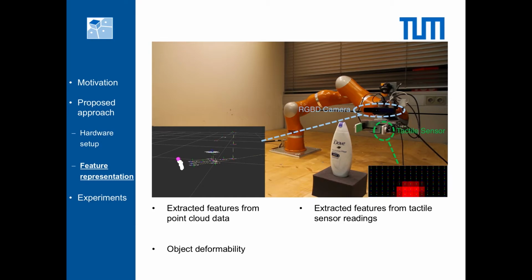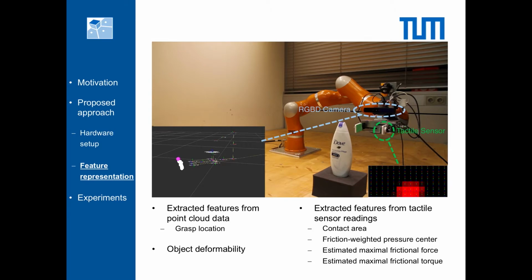The features we use in this work consist of 3 parts. The first one is the grasp location extracted from the point cloud data. We first estimate the height of the object from the point cloud, and then the grasp location is normalized by dividing it by the object height, such that it becomes invariant to object scale. The second feature set is extracted from the object deformability, which is estimated by the object deformation and the squeeze force.